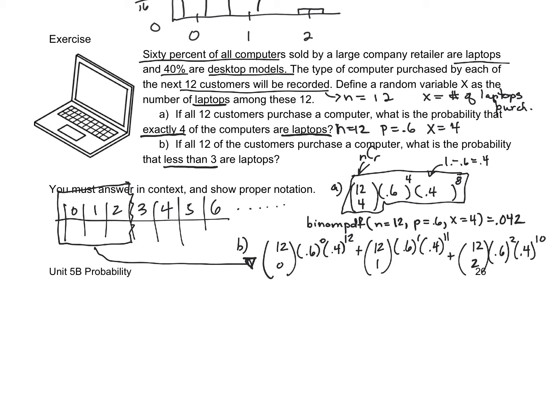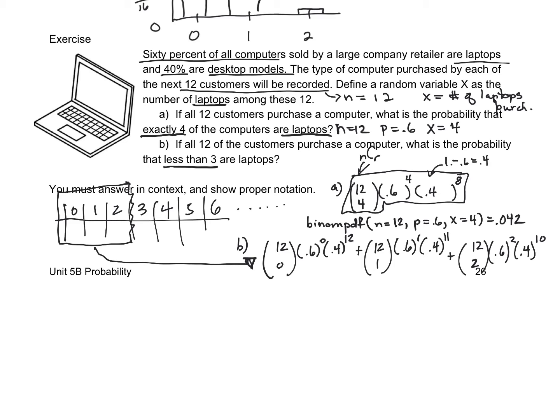Or we could do 1 minus, in parentheses, 0 plus 1 plus 2. 3 or more could simply be 1 minus what's left in the distribution, couldn't it? Does everybody get that?